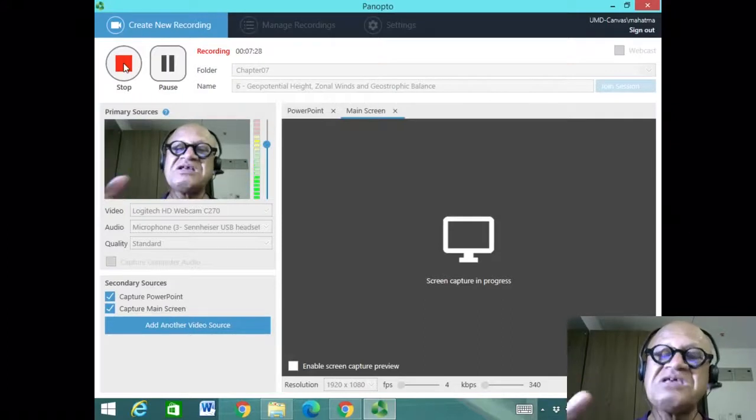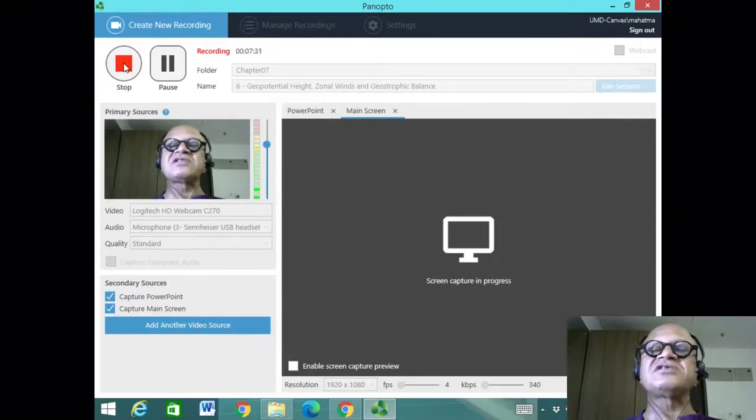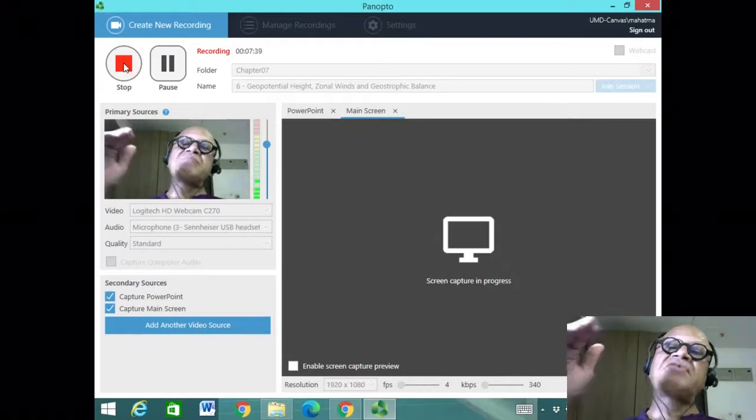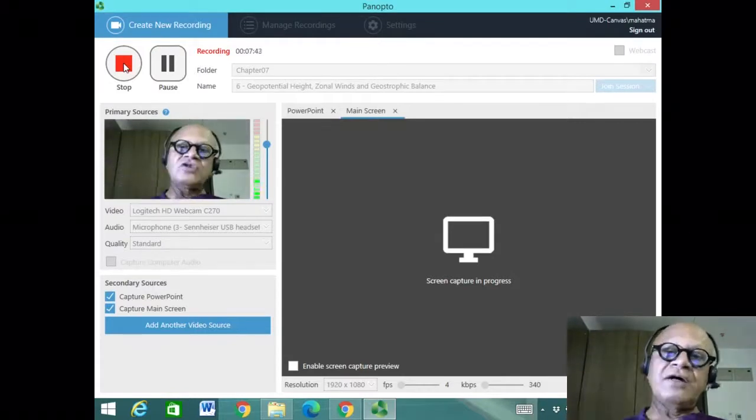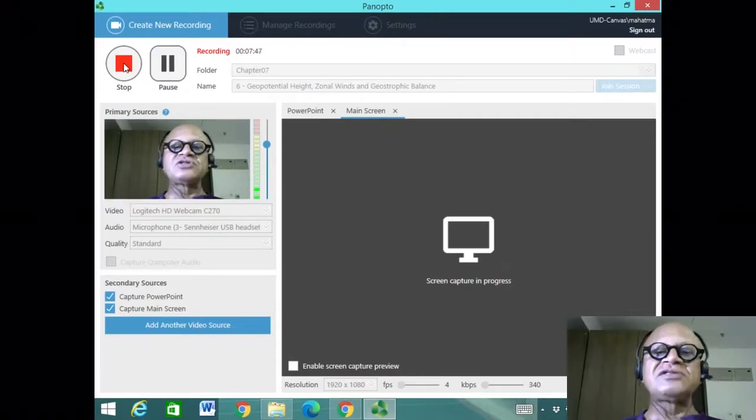Things are never really in geostrophic balance. You can see there are slight deviations, but it's just a matter of how close to geostrophic balance winds are. As you go above the surface at 500 millibar, where the friction is very small, on synoptic scales, you do get largely geostrophically balanced winds.